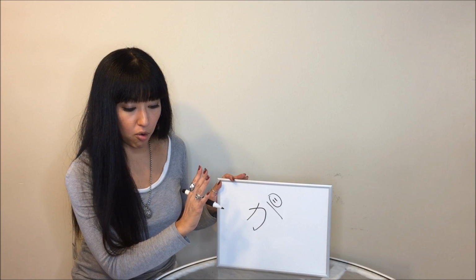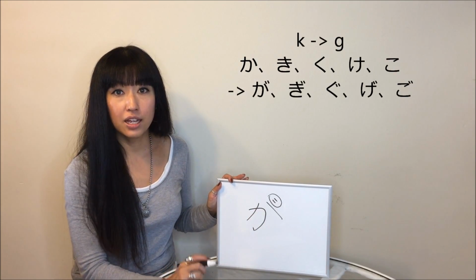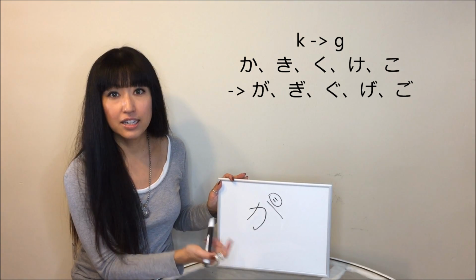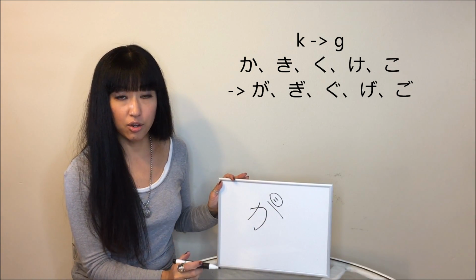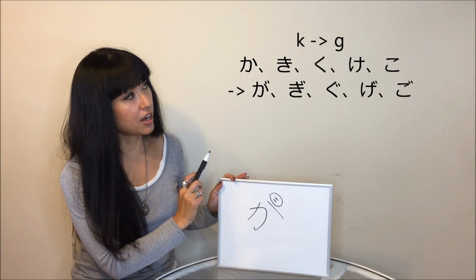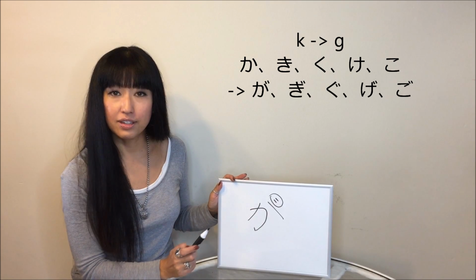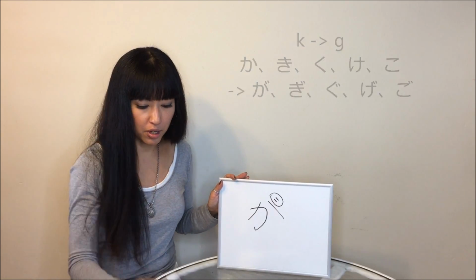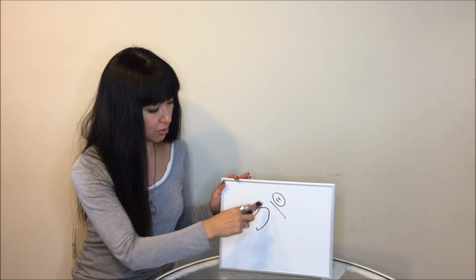Actually, there are 4 sounds that we can use this on. The first is the K row: ka, ki, ku, ke, ko into ga, gi, gu, ge, go. It's pretty simple. There are no new letters to learn, just this symbol.